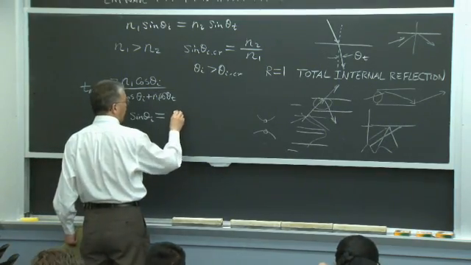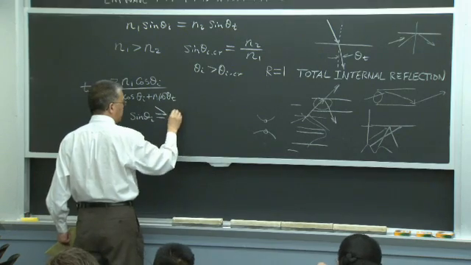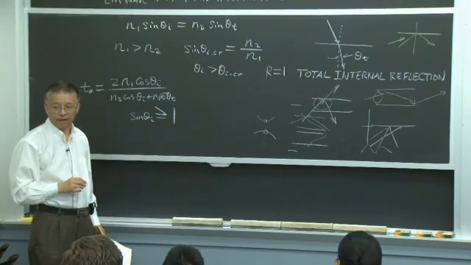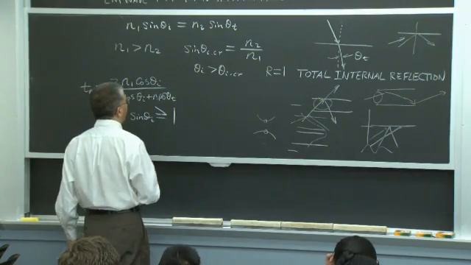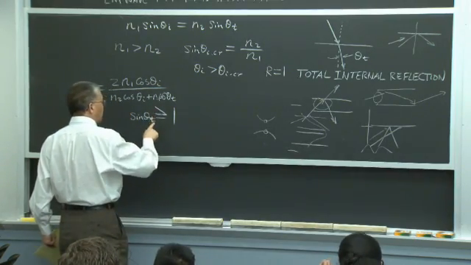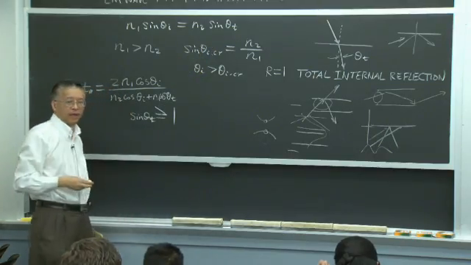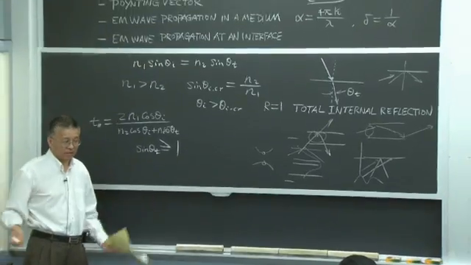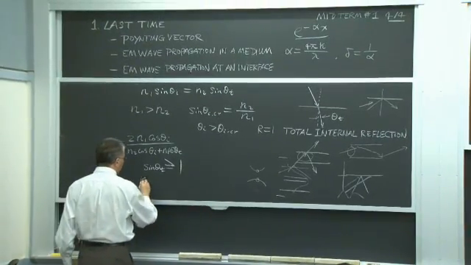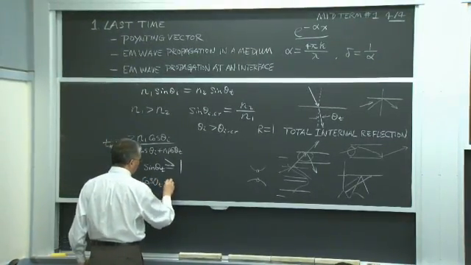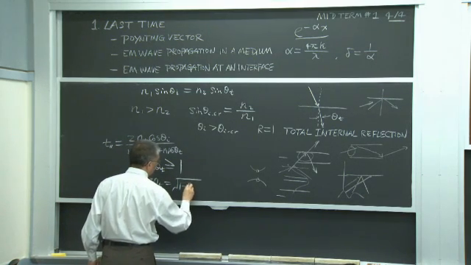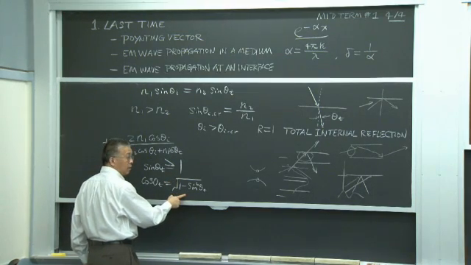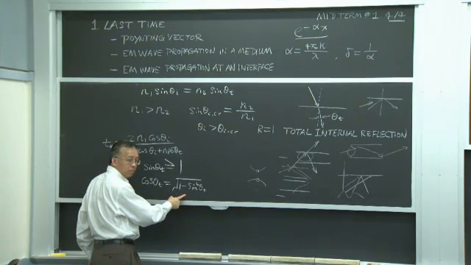So if you do this, you'll see that the sine of theta_t, the angle of the transmitted wave, is larger than 1. It's imaginary. And cosine theta_t equals the square root of 1 minus sine squared theta_t, and this is an imaginary number, right?